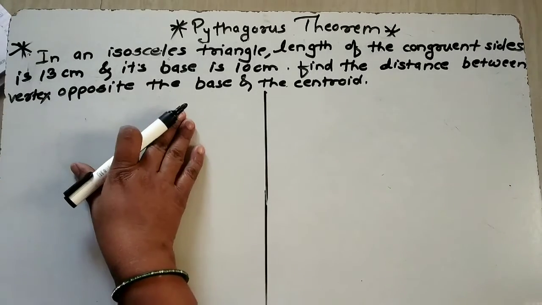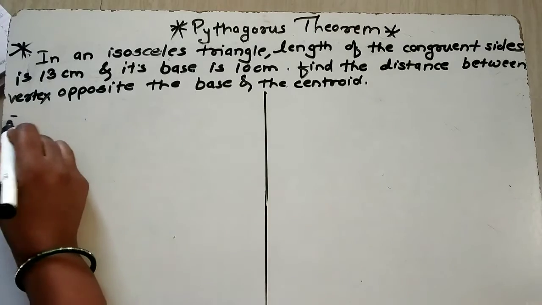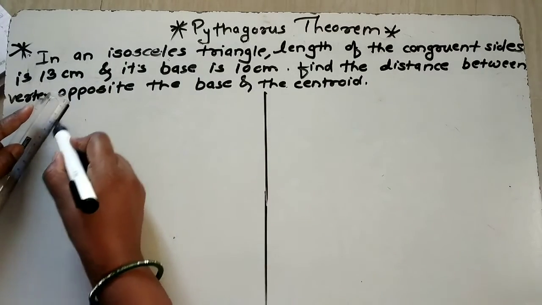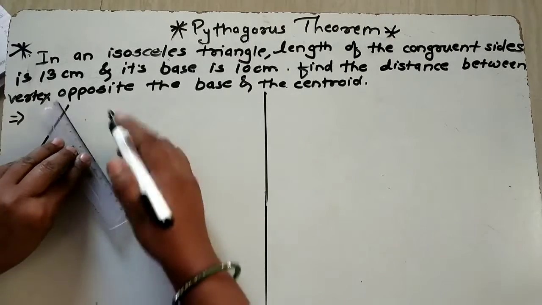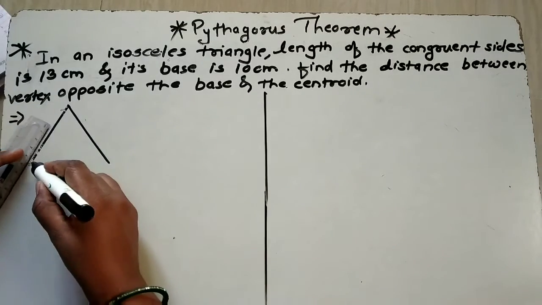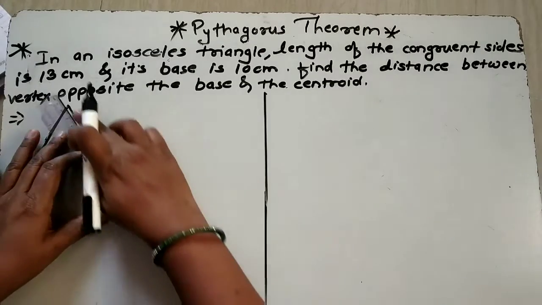In this question the figure is not provided to us, so as per the information we will draw the figure first. We have to draw the isosceles triangle. This is the isosceles triangle.